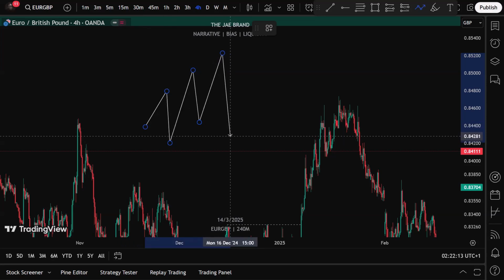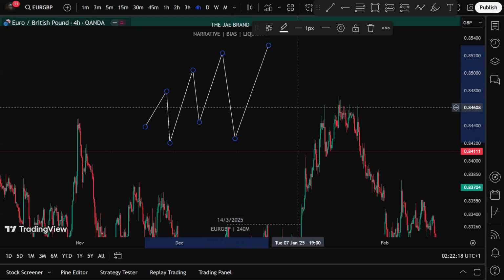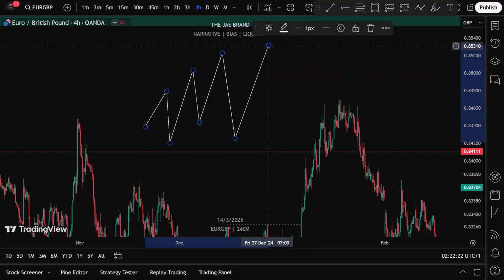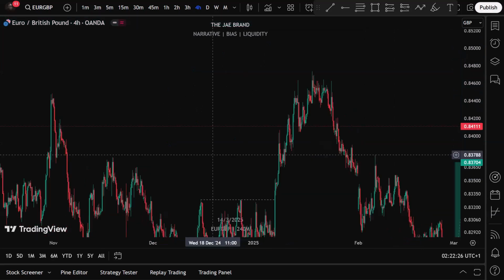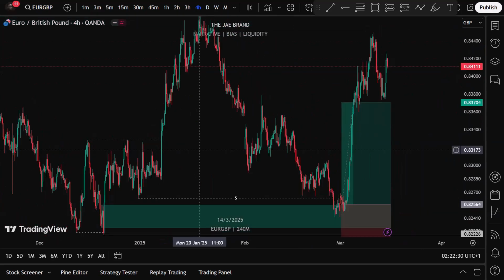Price taps it, and then price will definitely go in your direction, which happens to be the minor structure, for your continuation. You understand? So these are what we always want to be looking out for.